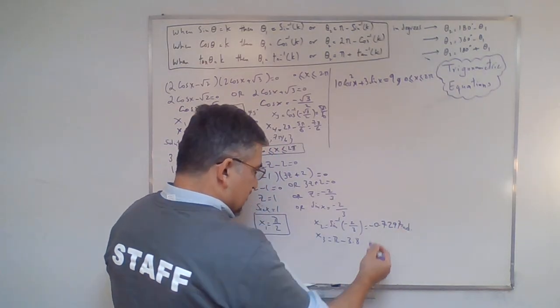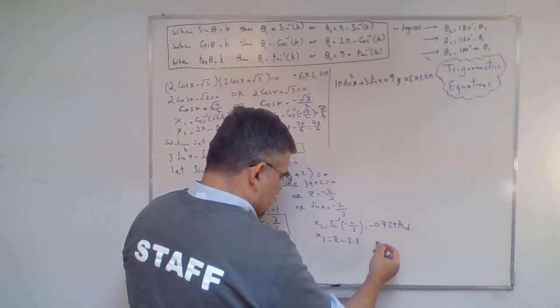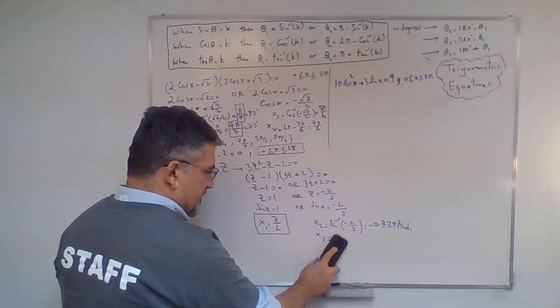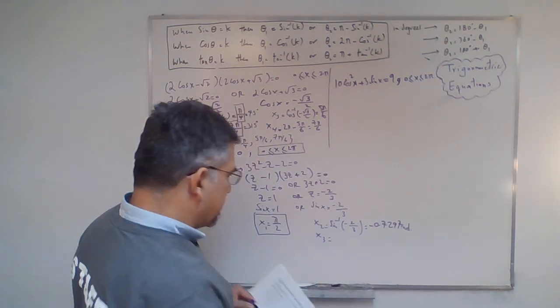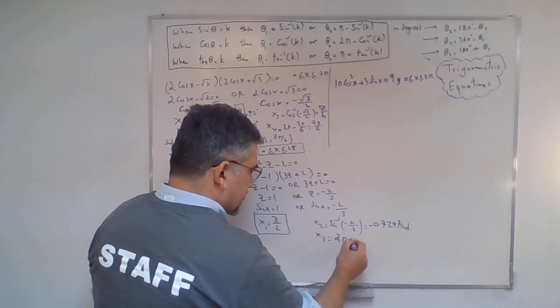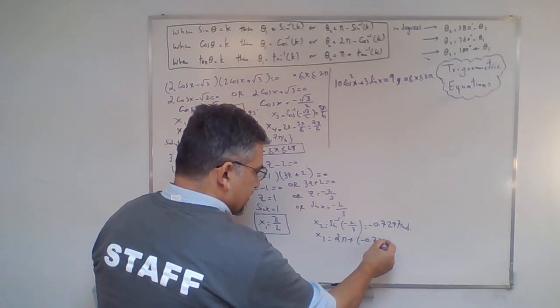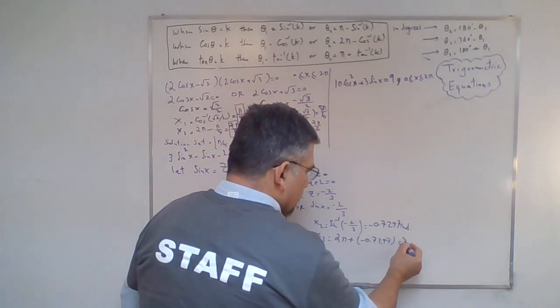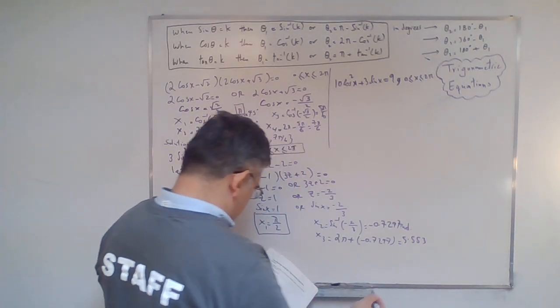So this is x2, which is inadmissible, but then x3, let's find x3 here. It would be 2 pi plus this negative answer in radian, which would give you 5.553.